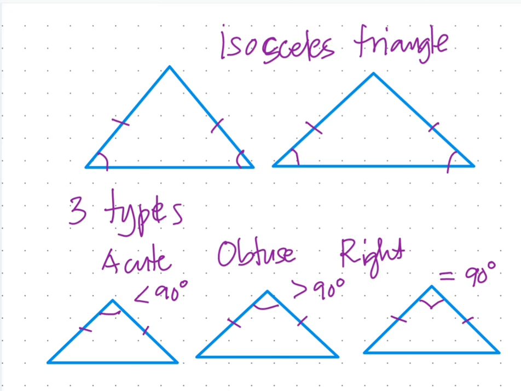Classify triangle ABC by its sides. So if you're given the sides, you classify the type of triangle. Follow-up questions: triangle ABC, a right triangle.